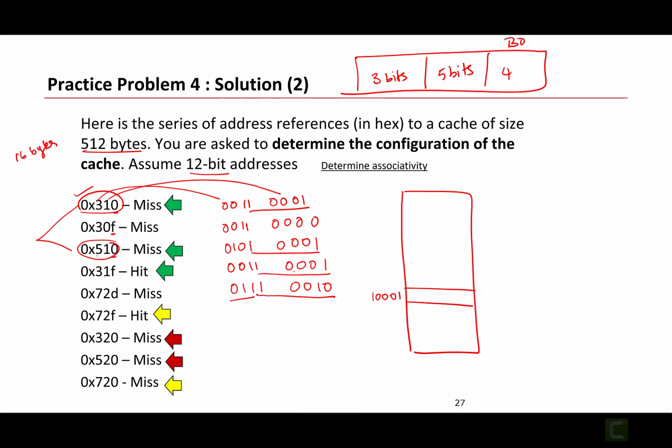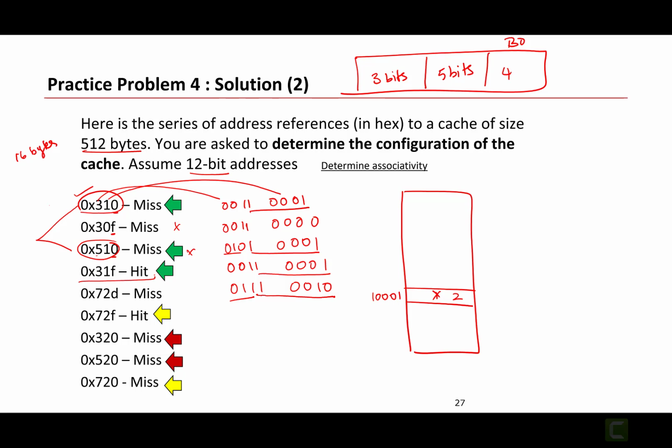I have the tag 1 after executing the first instruction. I'm not going to bother about this one for now because it has a different set index, and this one has a tag of 2, so this would have evicted it, so it will be 2, 0 1 0.